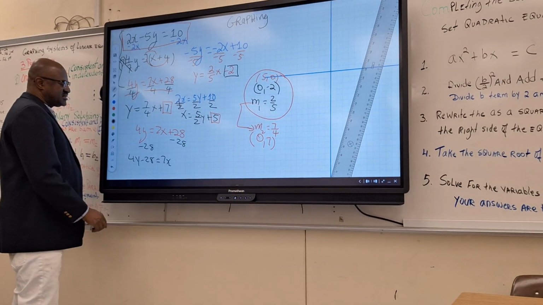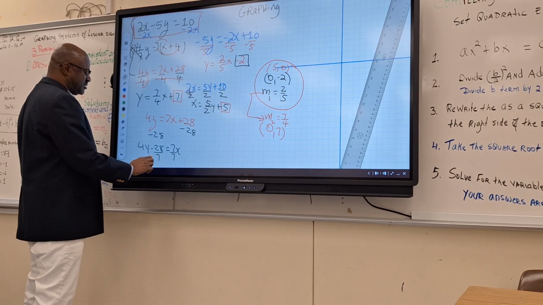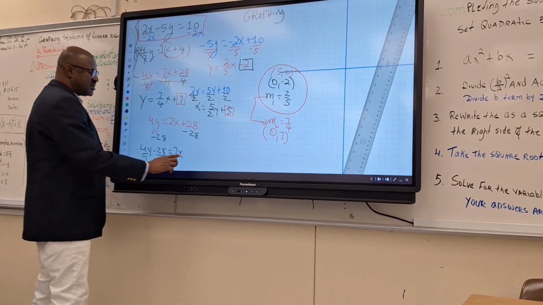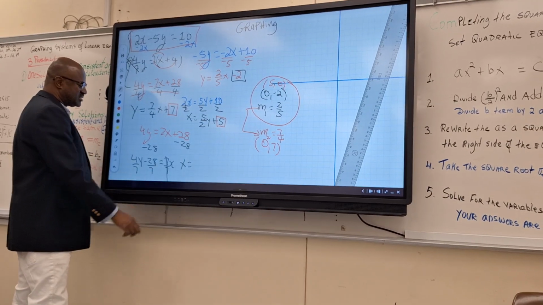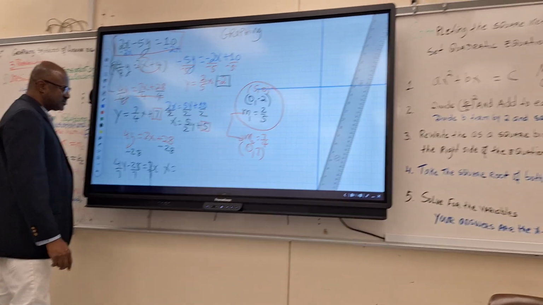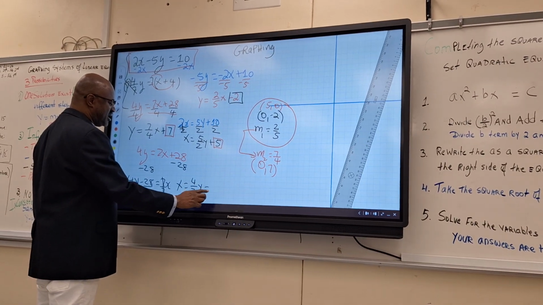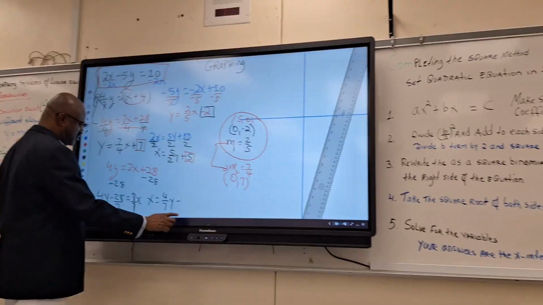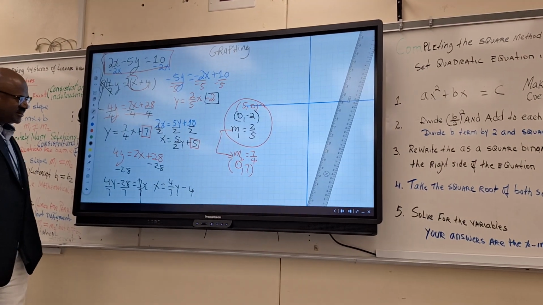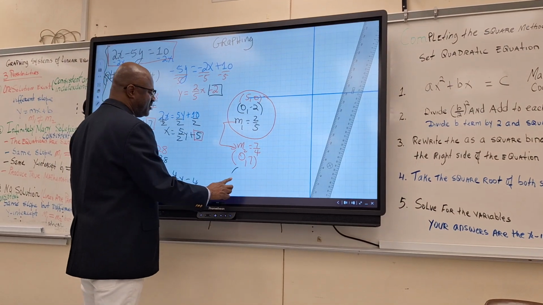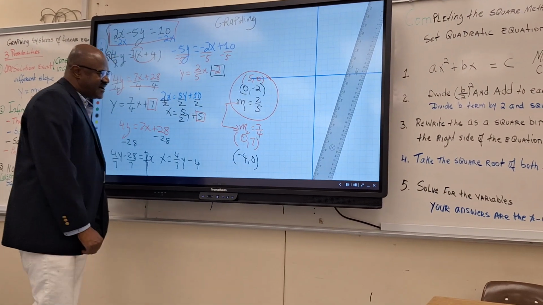How can you get x? You divide by 7. And you will have x equal 4/7 y minus 4. What is my x-intercept? Negative 4, 0. Then I'm ready to graph.